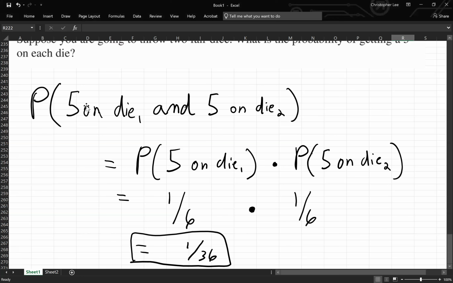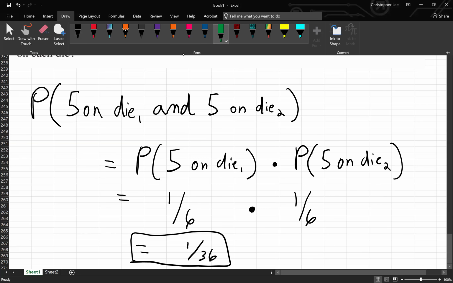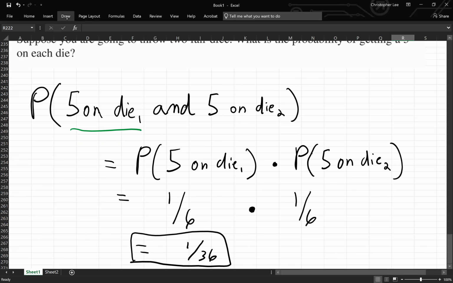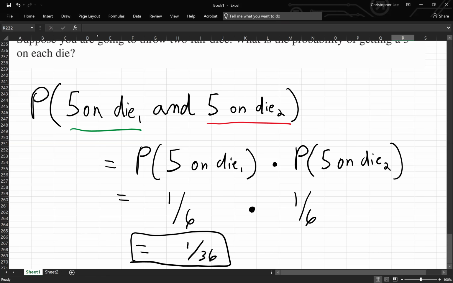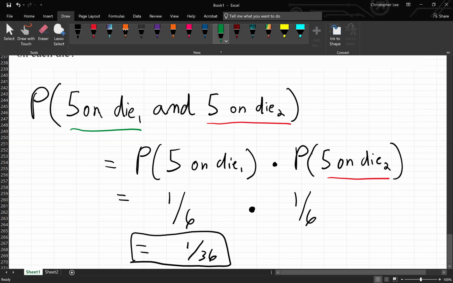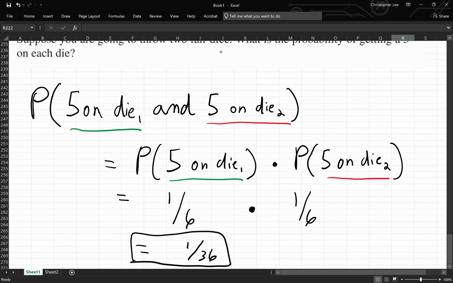Because I want a 5 on the first die and a 5 on the second die. Let's say that one die is green and one die is red.